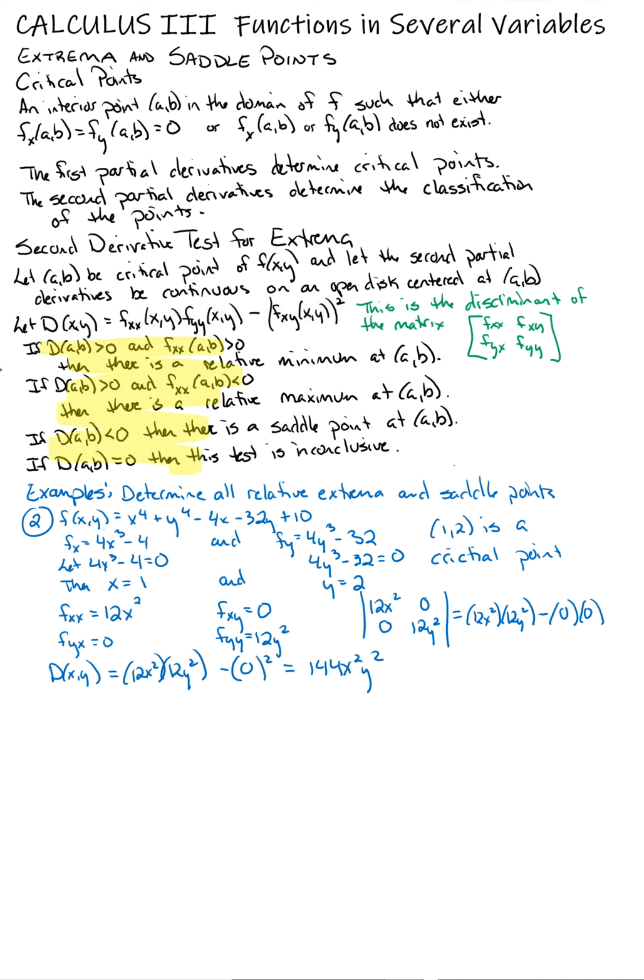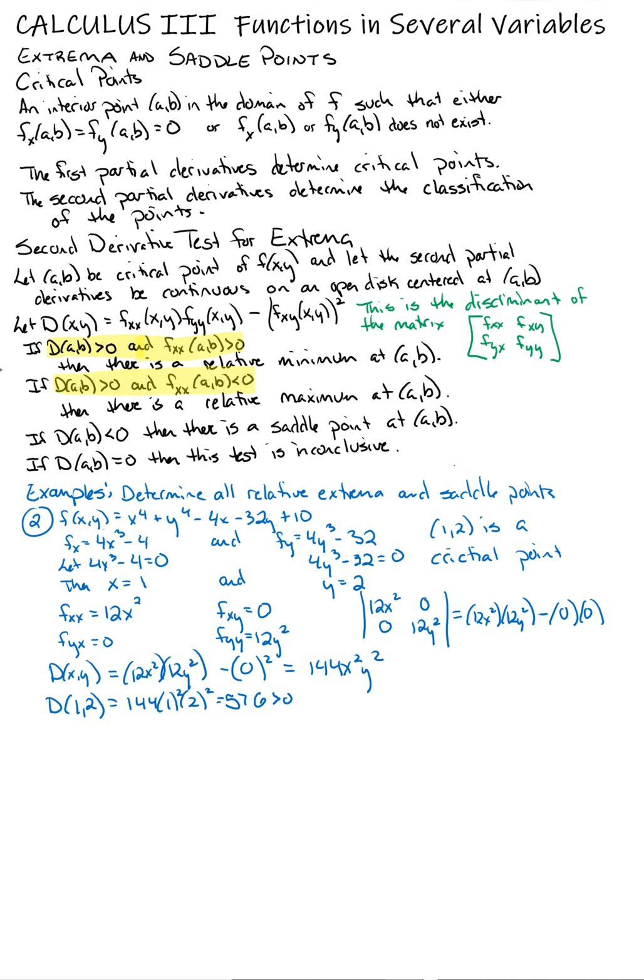So now what we need to do is go through all of this mess here. We need to evaluate this at our critical point. Our critical point is (1, 2). If we evaluate this discriminant at (1, 2), we get, what would that be? 576, which is definitely greater than 0, so it's either this first case or this second case.